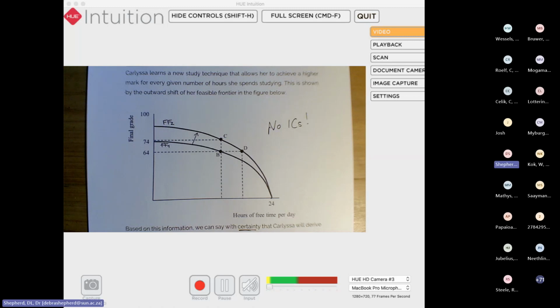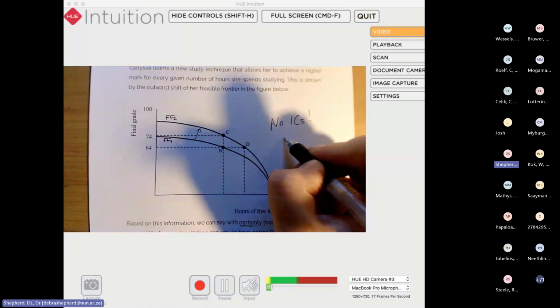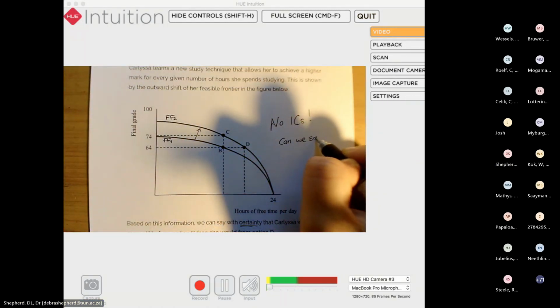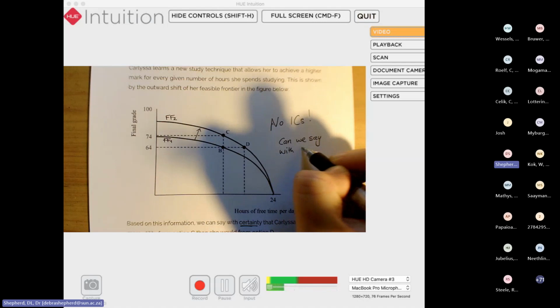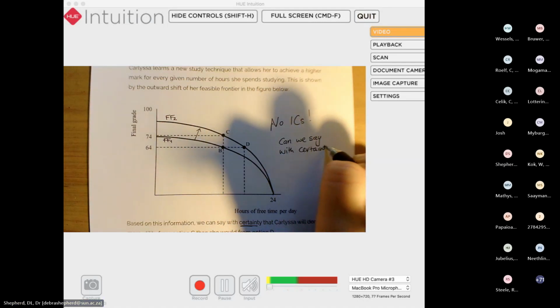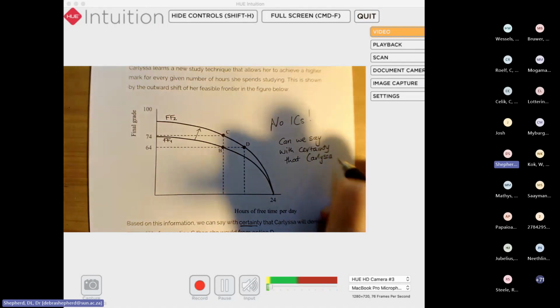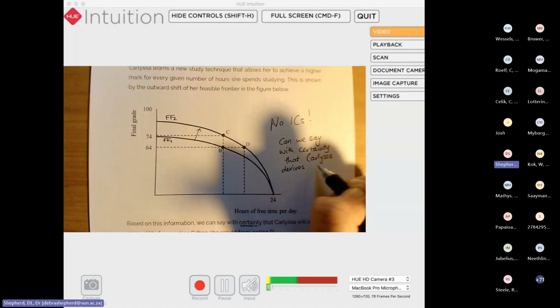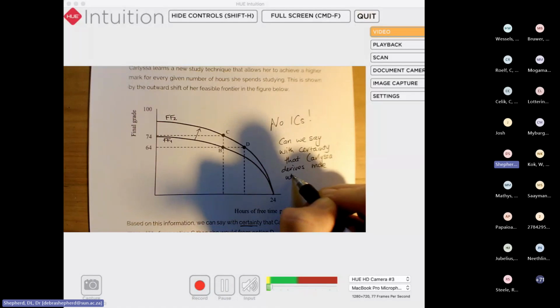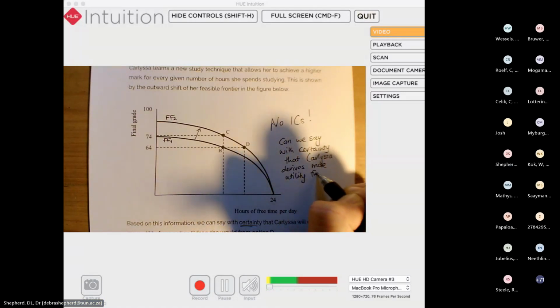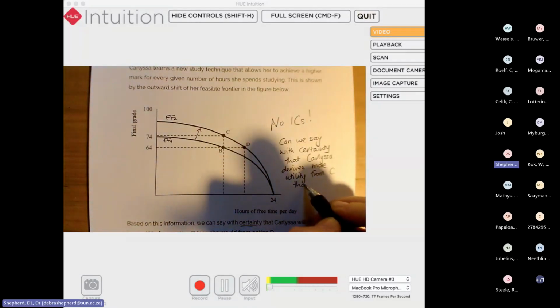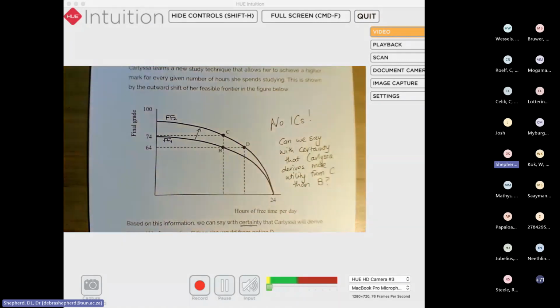Now, I'm going to ask you a different question. Can we say with certainty that Carlissa derives more utility from C than from B?